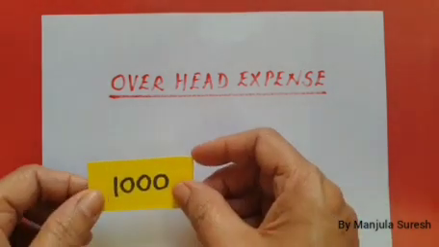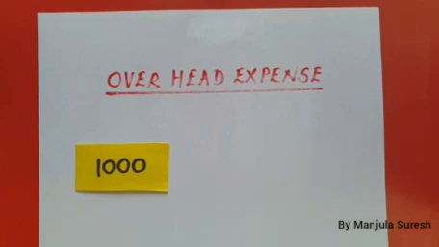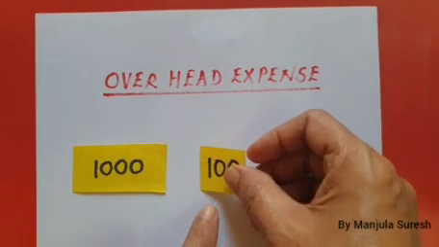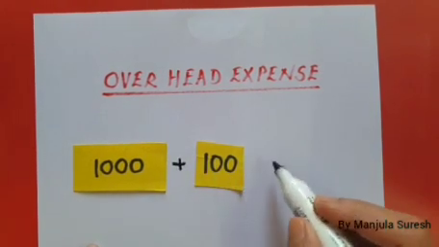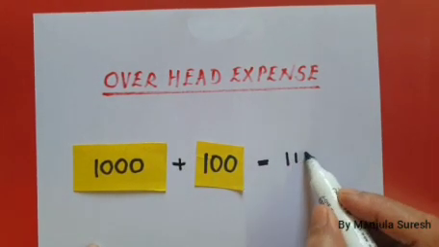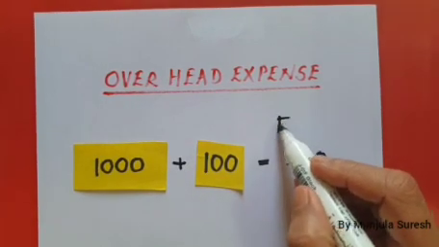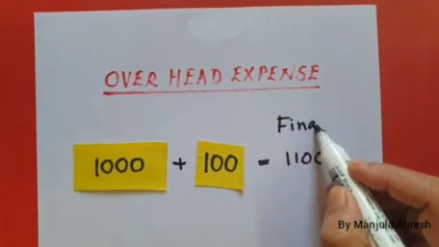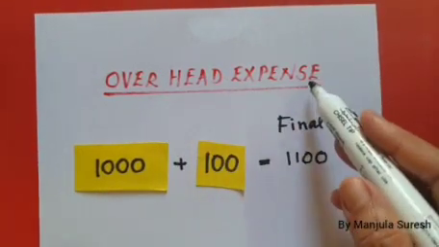Suppose we got a table for 1,000 rupees, but we paid 100 rupees extra for transportation. So what is the total? 1,000 plus 100, that is 1,100, is called the final CP. So your 100 is called overhead expense.